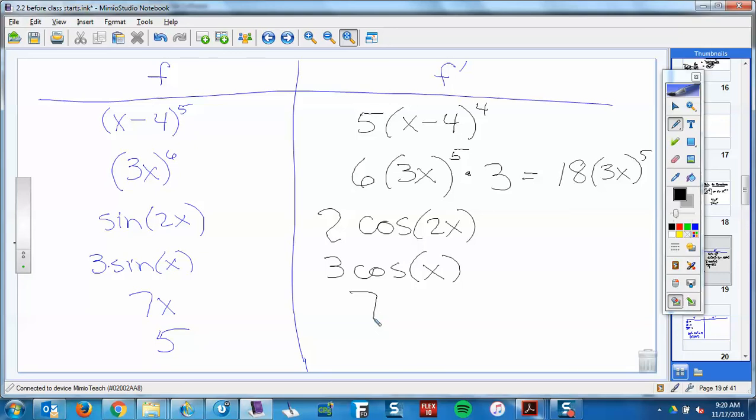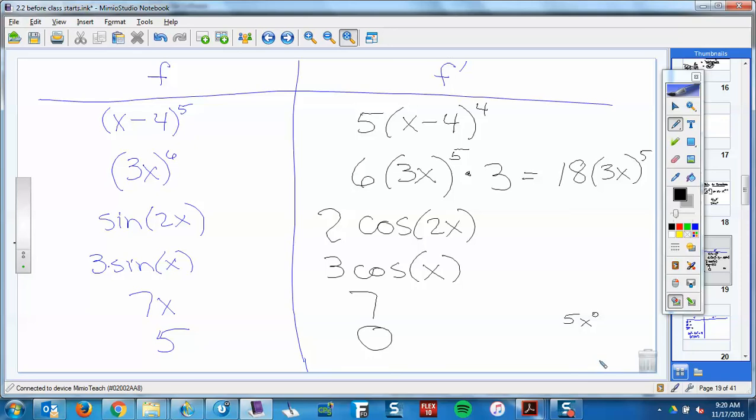What's the derivative of 5? Because wouldn't that be a horizontal line? What's the slope of a horizontal line? 0. So the derivative of any constant is always going to be 0. Now the other way to think of it is this. Think of 5 as 5x to the 0. Bring the 0 down in front.